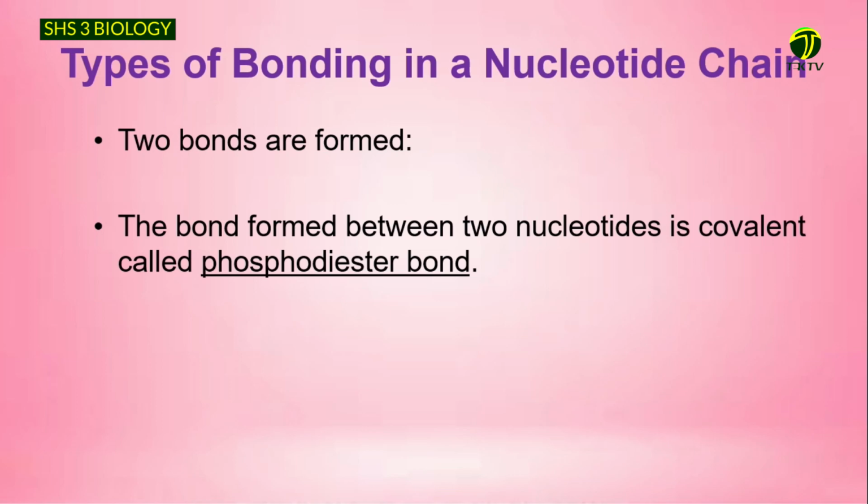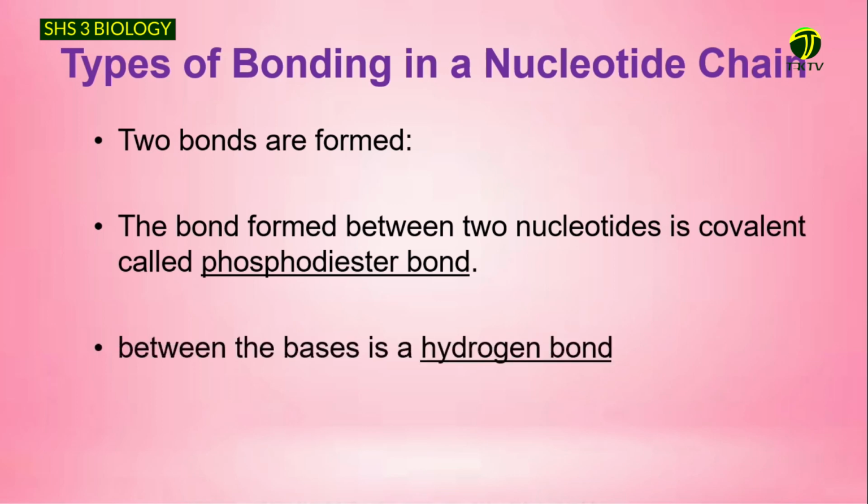By so doing, one nucleotide will be able to join to another nucleotide vertically or horizontally based on how you are looking at it. Then, comparing the nucleic acid to a ladder, there is another bond which is called the hydrogen bond, which we shall see where it is found as we progress.